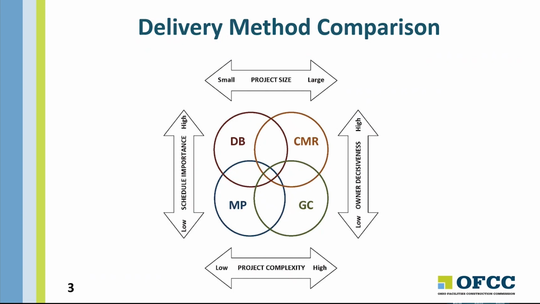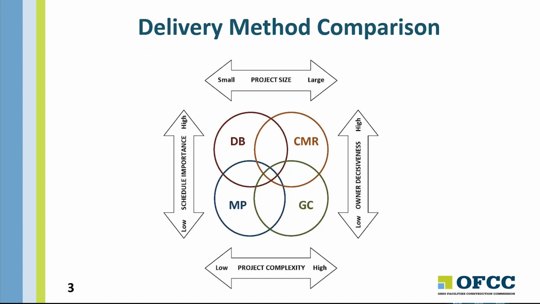Examples of projects that may be a good fit for multiple prime are ones that cover limited scope in just 1 or 2 different trades, such as re-roofing a building with existing rooftop units that need to be temporarily relocated and reinstalled after the roofing is complete. The coordination between trades is limited, which reduces risk on the owner for holding separate contracts for each prime.